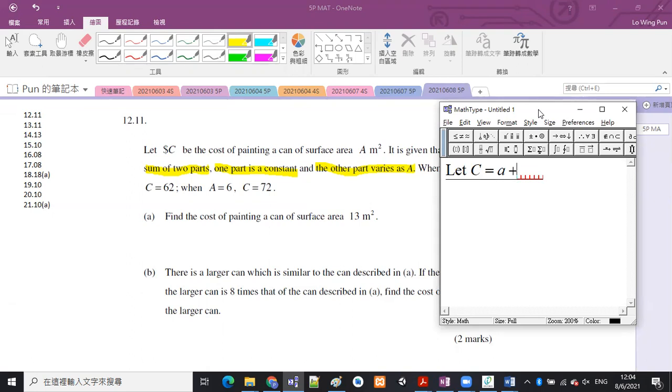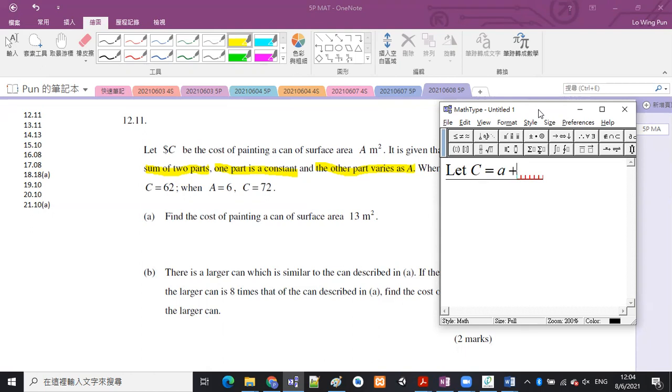This will be b over A, small b over capital A, like this. But if the question did not mention whether it is directly or inversely, then what shall we do? What shall we treat it as? Directly, yes.